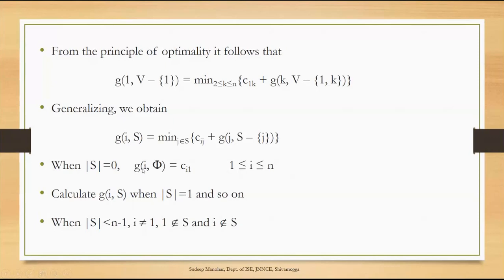It is the shortest path from I to a null set. There is nothing. And hence it means that you are considering that it should start from the vertex I and it should end at the vertex number 1, that is, starting vertex I to 1. So g of I comma null is nothing but I to 1. So that is the last step. So the path from 4 to 1, the path from 3 to 1, the path from 2 to 1.